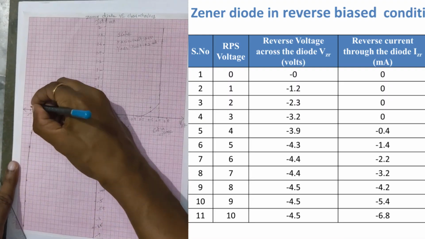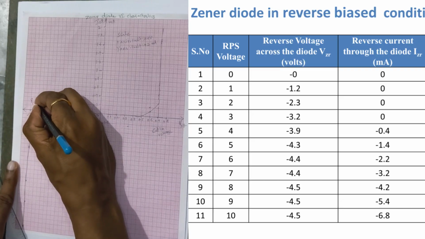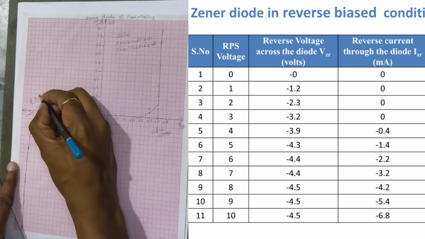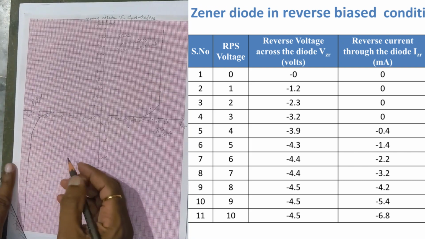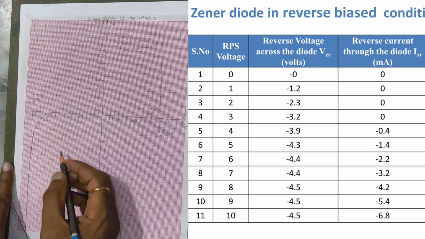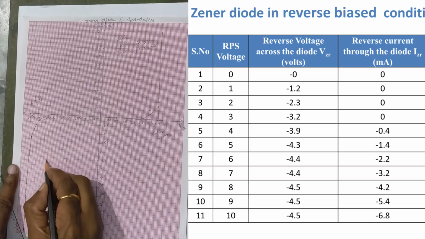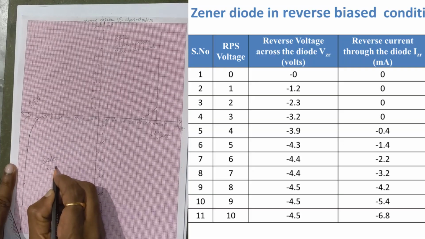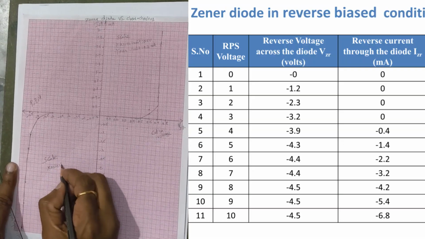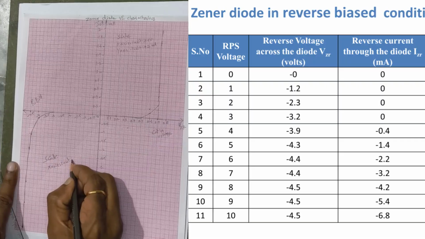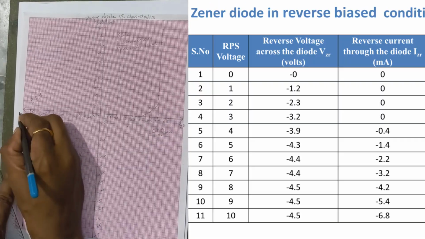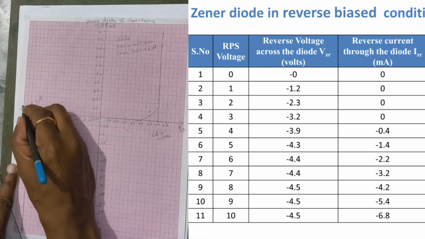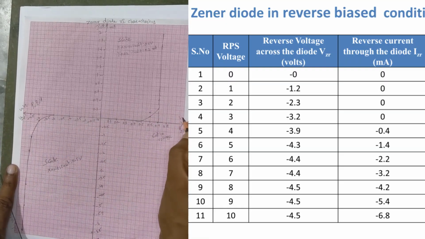This voltage, 4.5 volts, is called the reverse breakdown voltage of the Zener diode. Now coming to the scale of the graph. Here on the x-axis 1 unit is 0.5 volts. This is VZR, which is also in volts, and VZF is also in volts.